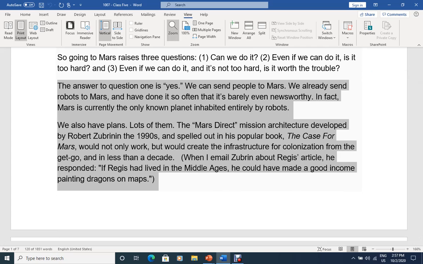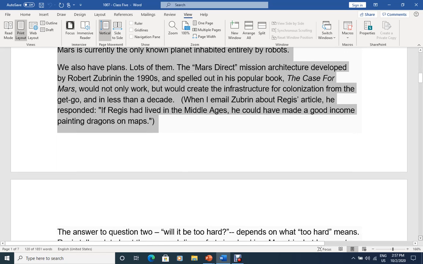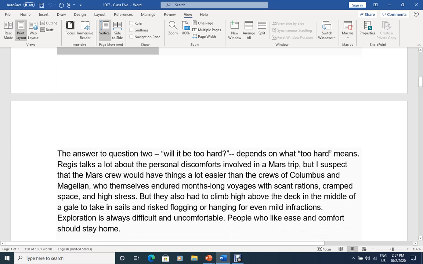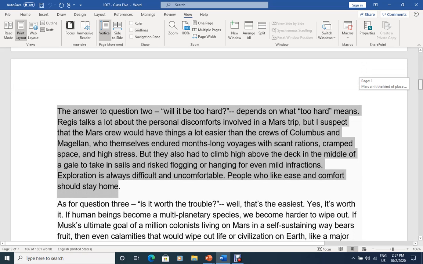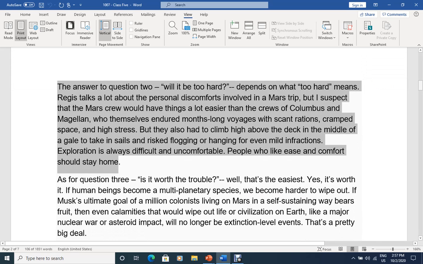And because he's set this up and is using these questions as a way to organize the entire article, when we get down here, to the answer to question 2, we can clearly see that he's switching to a next part of the article. He's now talking about the level of difficulty, and he's making a small argument about that. So we've got one big paragraph here on the topic of the difficulty of it.